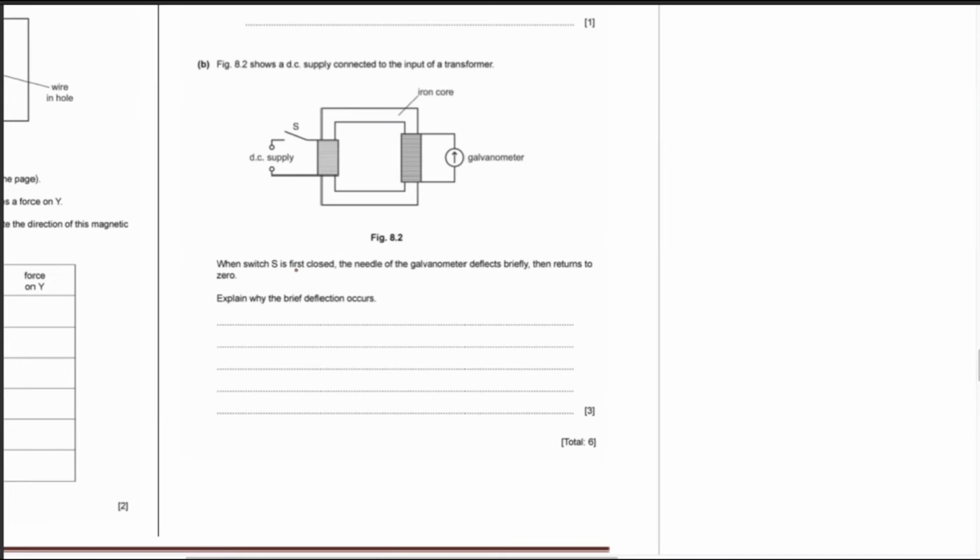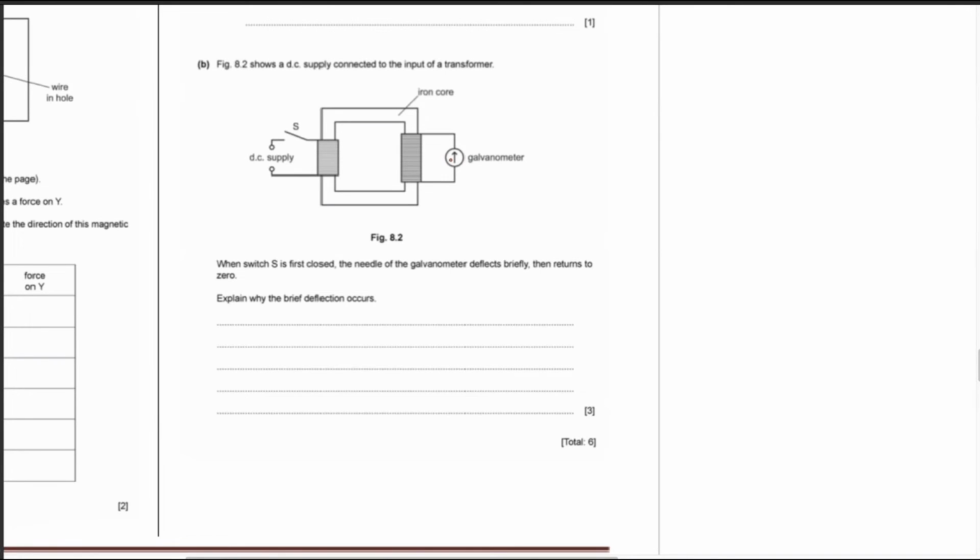When switch S is first closed, the needle of the galvanometer deflects briefly. Deflect means deflect a little bit, then go back to original, then returns to zero.